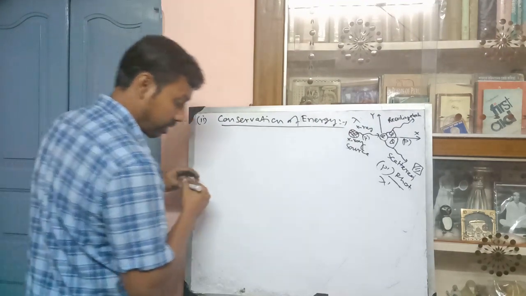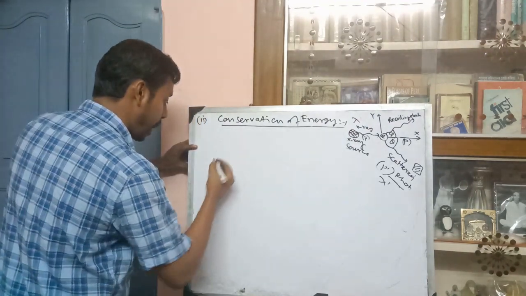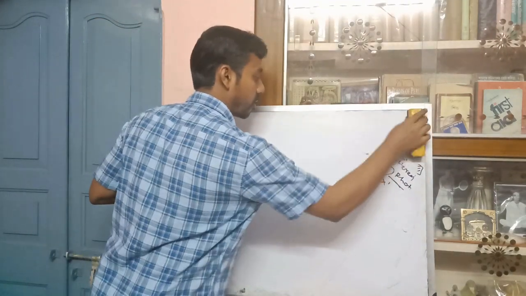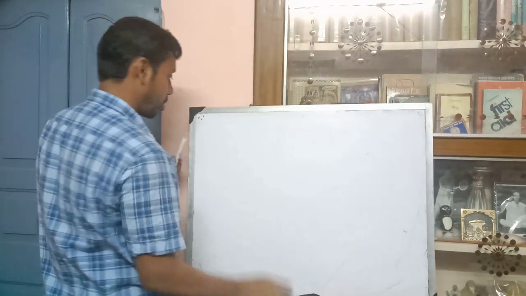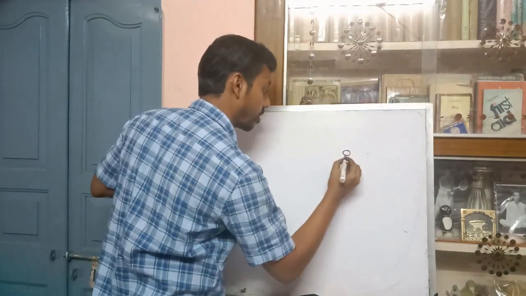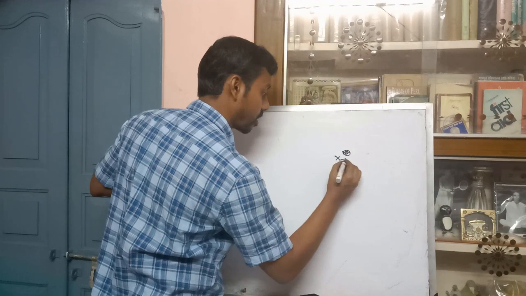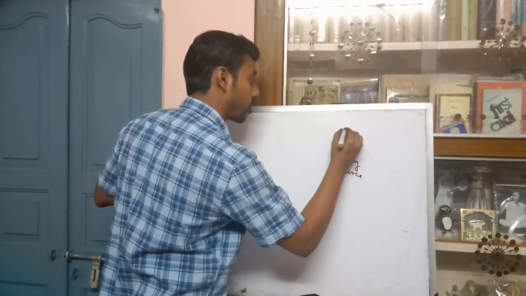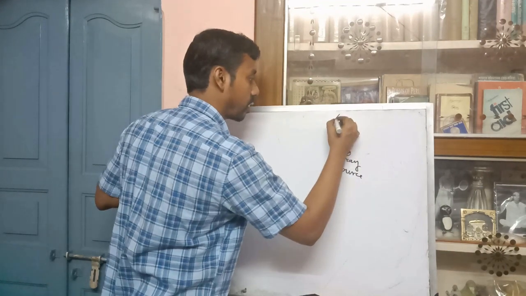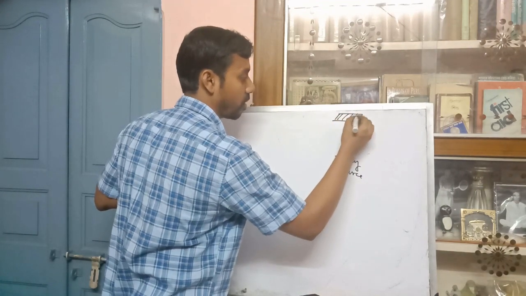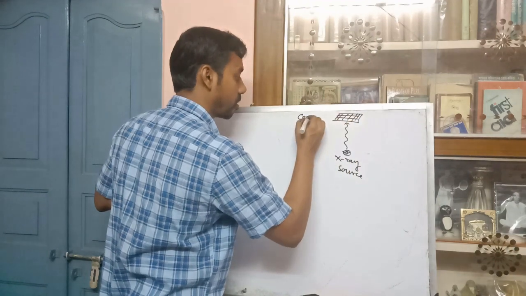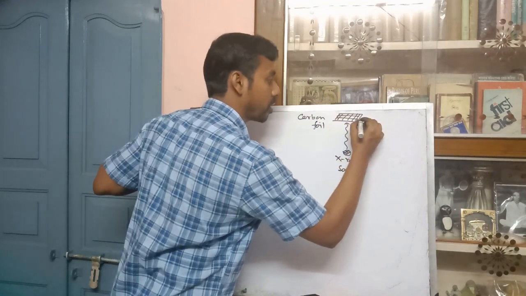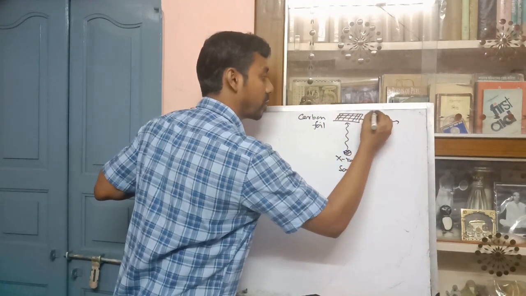Suppose we have a source of X-ray. The X-ray is coming in this direction. Here is your carbon foil. After the carbon foil, suppose it is scattered at this angle, theta equal to 90 degree.